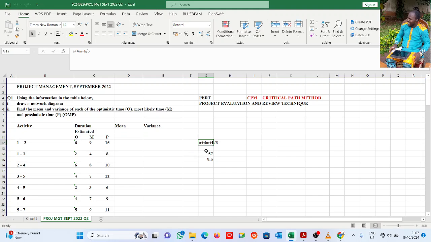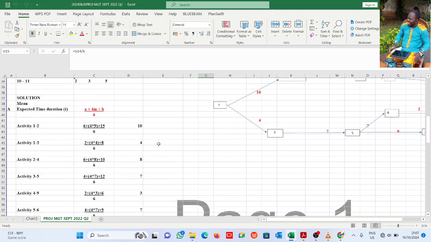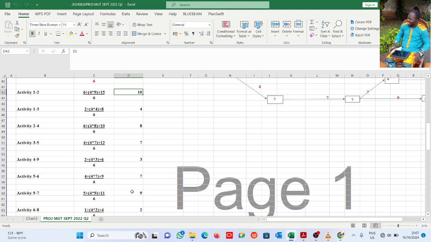So a is 6, plus 4 times 9, plus the pessimistic time 15, everything divided by 6: 57 divided by 6 gives 9.5. That is how we have 10 here.